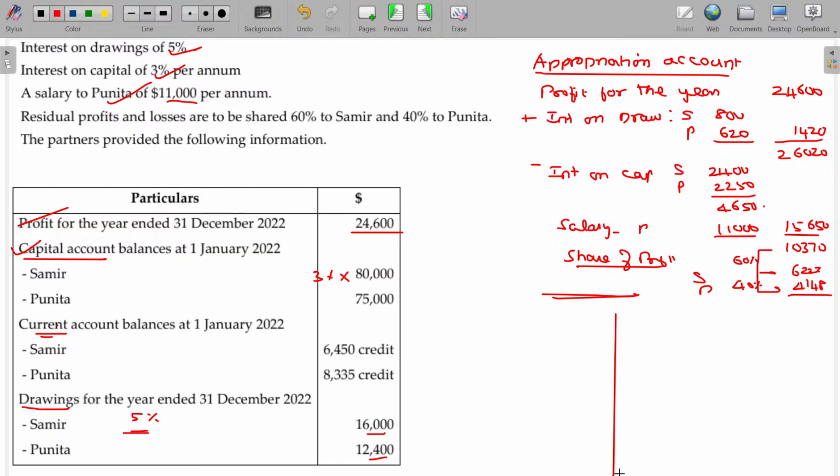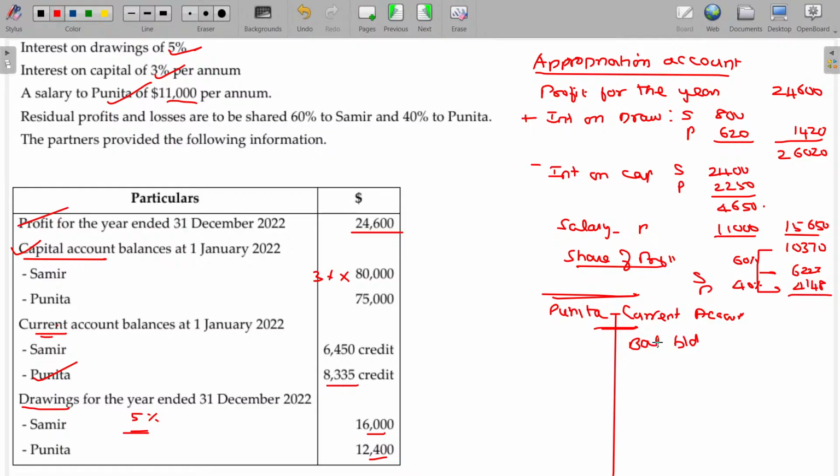Then we have to prepare Punita's current account. As we bother about current account, I need to take only the current account information. Start with this one, so balance brought down.